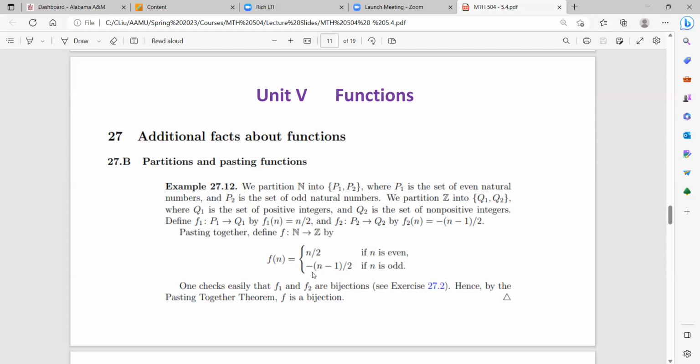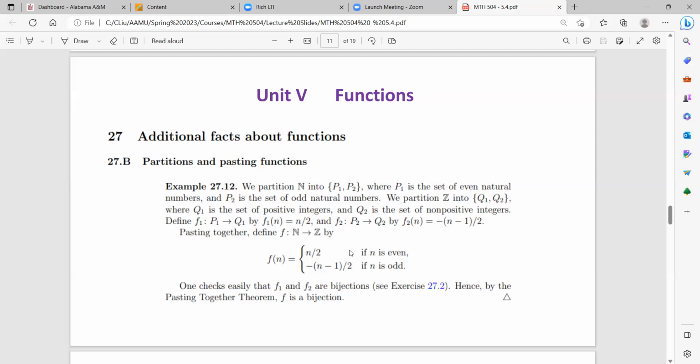Also, it covers the whole non-positive integers. As I said, when n equals 1, you get 0, so that takes care of 0. And then if you pick the other odd numbers, 3, then you get -1. If you pick 5, then 5 minus 1 equals 4, 4 over 2 is 2, so -2, and so on. So that covers all the negative integers.